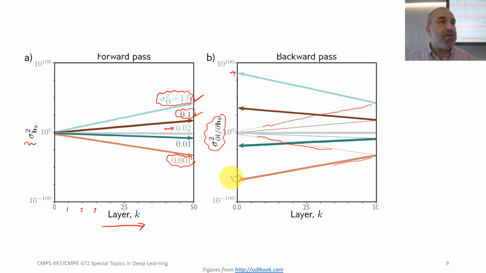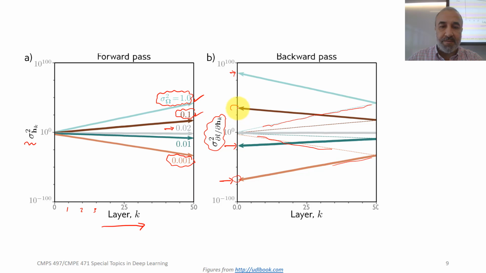Any question about that? Which of these cases are vanishing gradients and which are exploding gradients? 0.001 is vanishing, because the values are getting very small here. This one also is vanishing. This one is vanishing also. It's not that much, but it's still getting smaller over time.